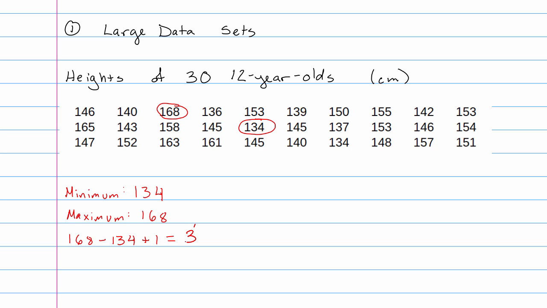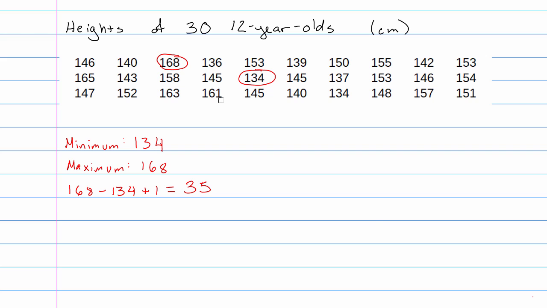In this case, 35. We've got 35 different values possible. We only have 30 actual numbers. We would like to group those together just so that we can see some overall patterns.